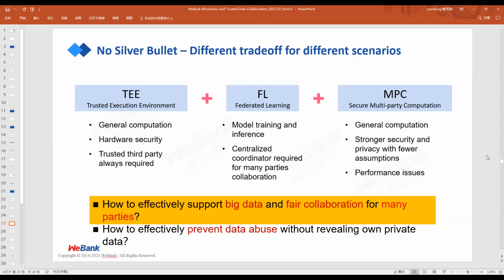But sometimes they have performance issues, especially for complex computation like model training, where they might be slower than federated learning, especially when handling big data. So quite often we need to make some choices between them for different parts.